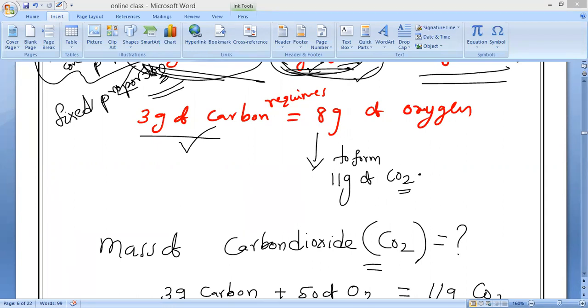Now, since carbon and oxygen combine in the fixed proportion, by what, guys? What is the fixed proportion?